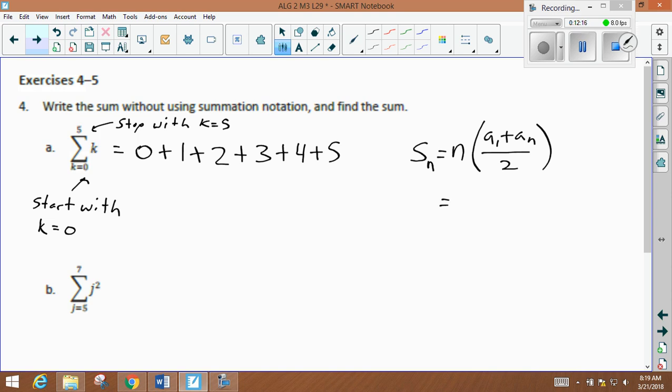So if you want it to be fancy, like Johann Gauss, you could do this, right? N is 5, right? A sub 1 is 1, we'll say, because 0 is not good.